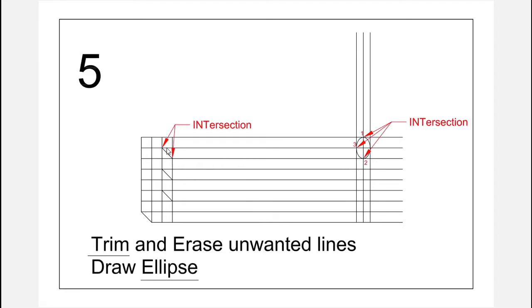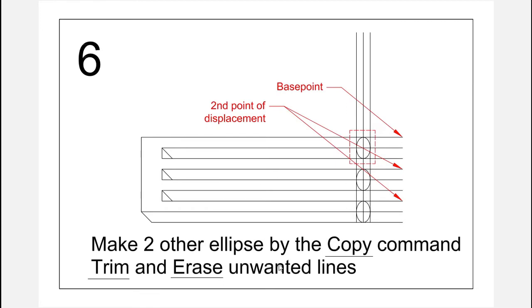So these are the intersections. We need to trim and erase unwanted lines, so we need to delete this. We need to trim, and we need to draw an ellipse. Okay, so I will demonstrate how to draw the ellipse later.